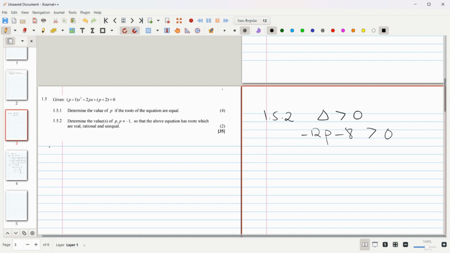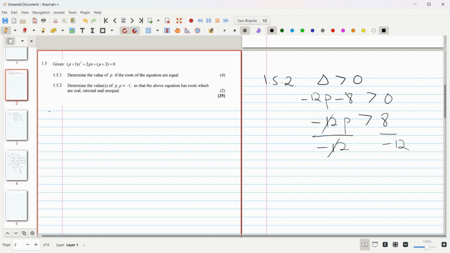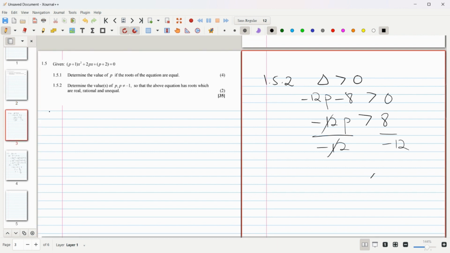When we solve this, we'll have -12p greater than 8, and then we need to divide by -12 on both sides to get rid of this 12. The sign will change because we divided by a negative, so instead of being greater than, it will be less than.